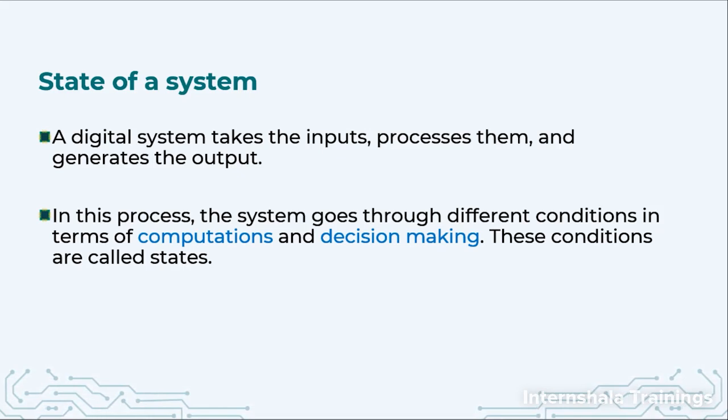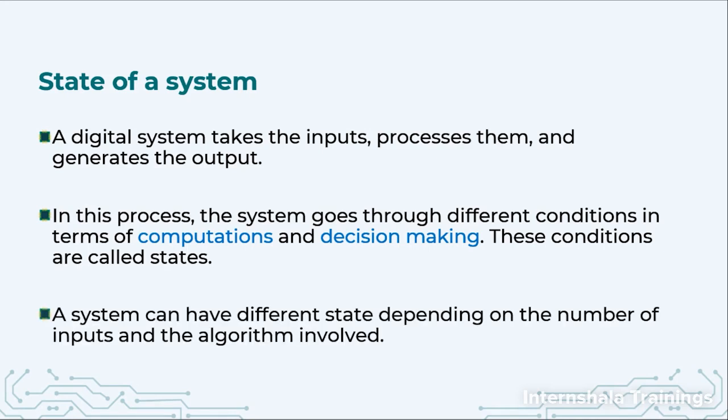Sometimes we are doing computation, sometimes we are making some decisions and all different sorts of things. All such things are called states. So a system can have different states depending on the number of inputs and the algorithm that is involved in calculation of the output.